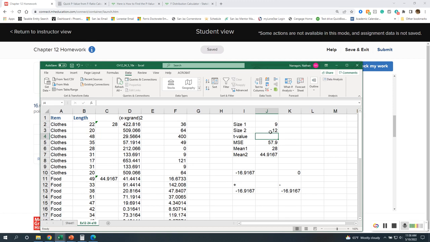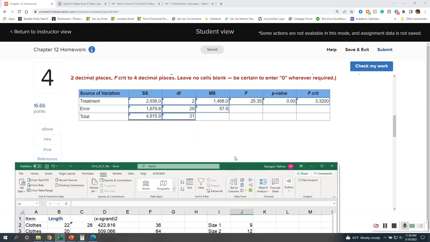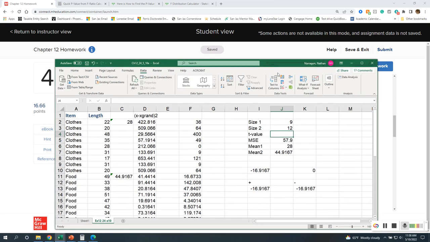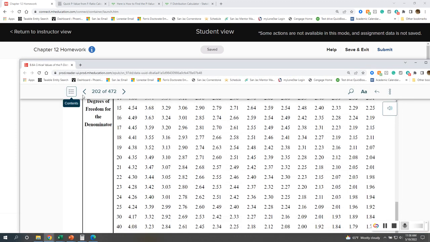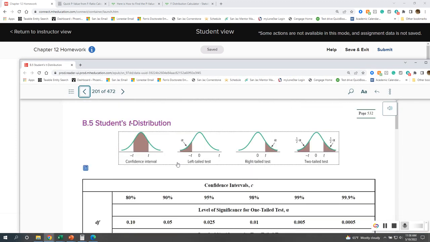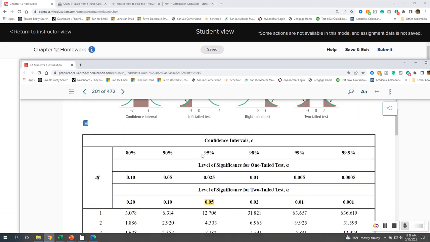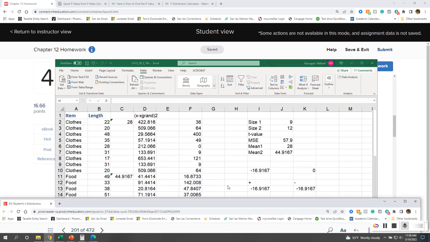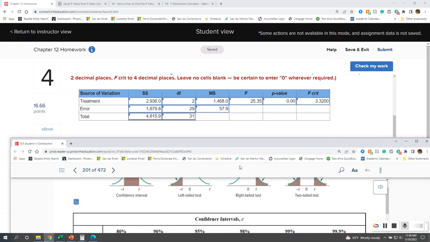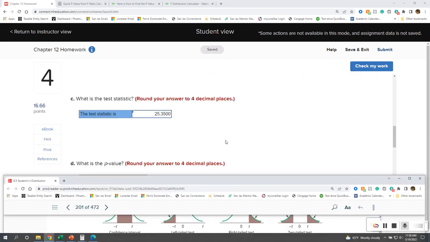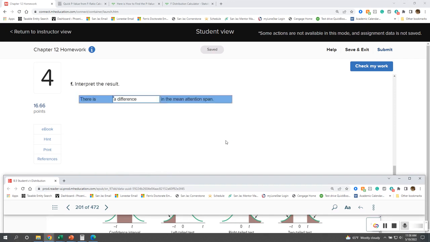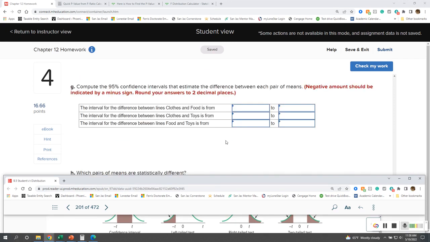So remember, degrees of freedom are still equal to n minus k, which we did. That's 29. So find our t-chart, go to our book. Here's our t-value. We're doing a 95%.